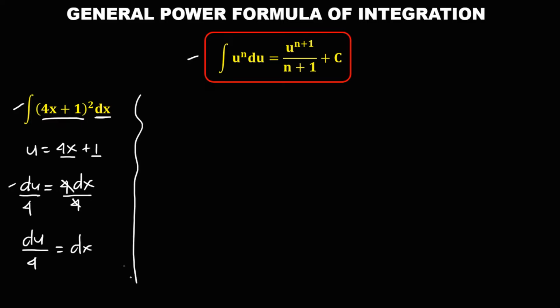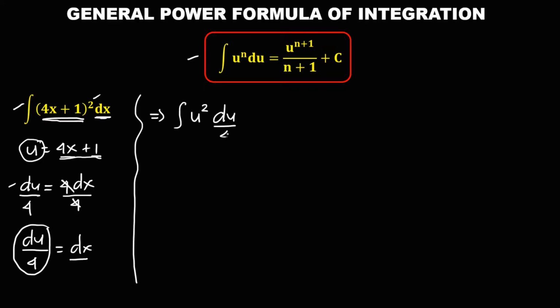Then to find the integral from the u substitution, we have the integral of 4x plus 1, and 4x plus 1 is u. So the integral of u to the power 2, and for this dx, dx is du over 4.